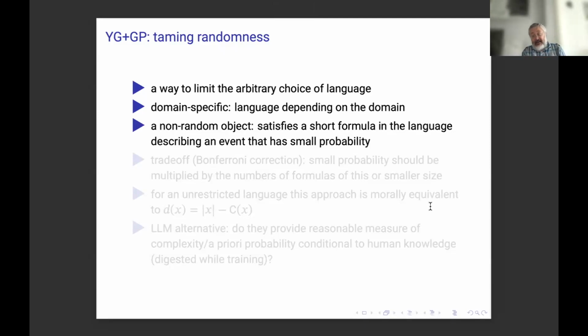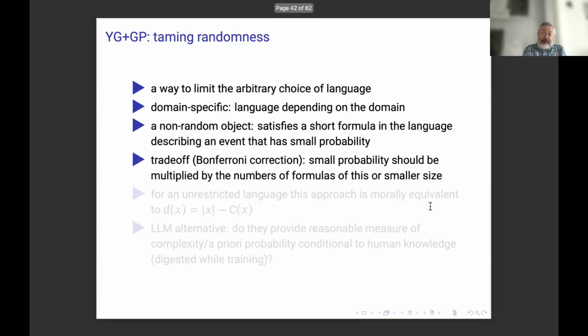And the connection with the general approach is that small probability actually, if this formula was chosen after the event, then of course there is some constant, the number of formulas of this or smaller size that can have this property.